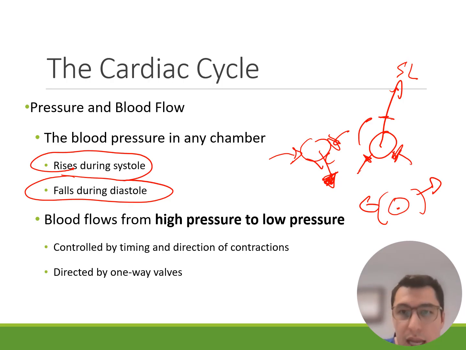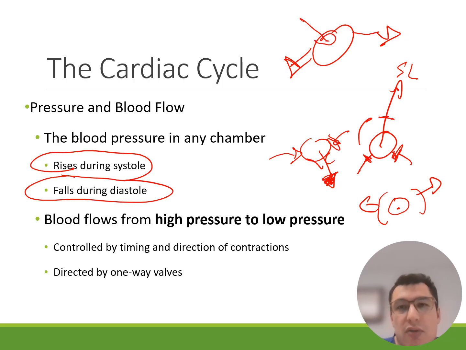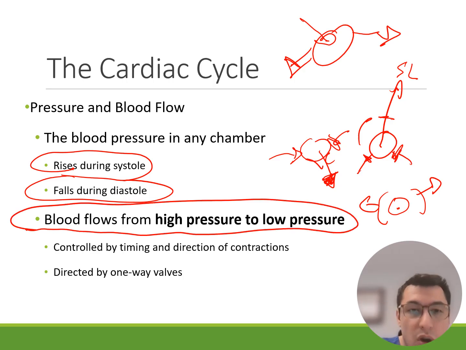Now for the ventricle, if it starts to expand, there will be more space, so it will allow for a decrease in pressure, allowing blood to come in. This is important because it is this change in pressure that allows the opening and closing of valves. Remember that blood flows from high pressure to low pressure. This also allows the timing of when we are moving blood from one chamber to the next.